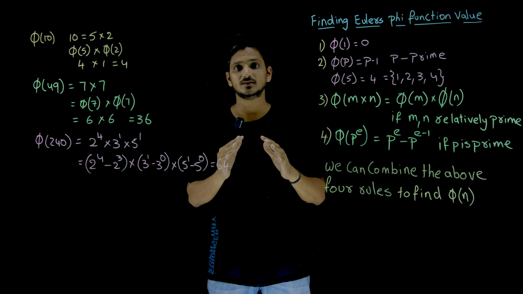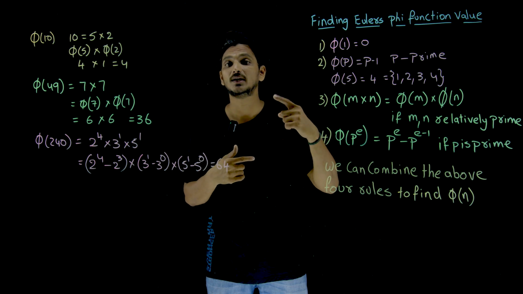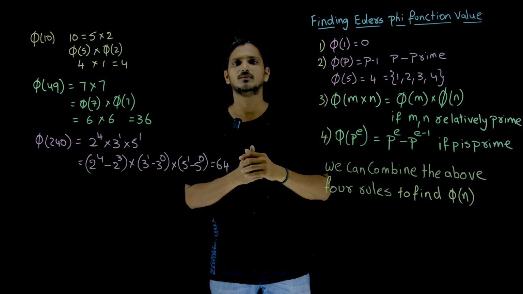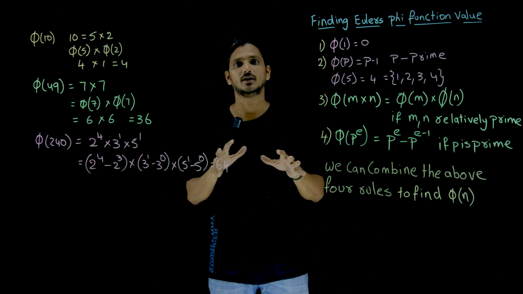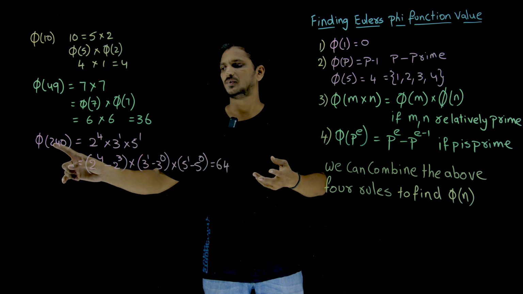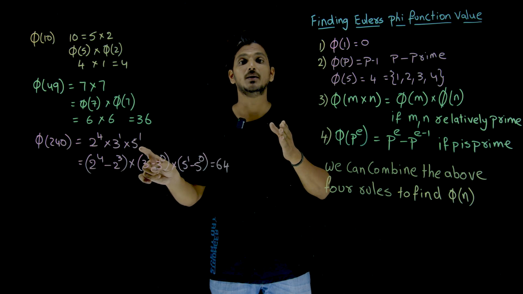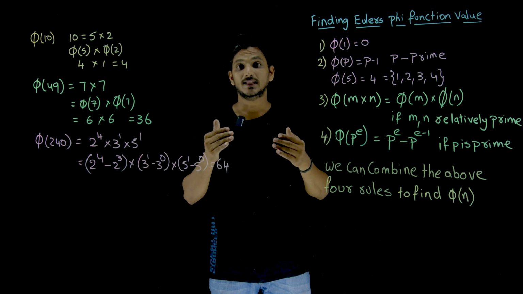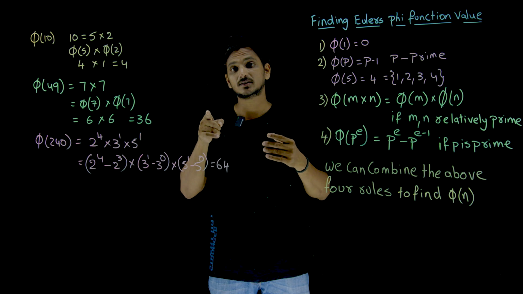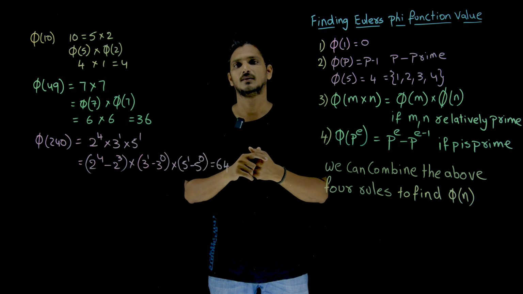But we are not going to use this. Can we write a polynomial time algorithm for finding the Euler's phi function value? No, we cannot write. Why? Because any number can be written in the form of factors of prime numbers. These basics we discussed in our previous class, and we clearly discussed the mathematical proofs in the discrete mathematics playlist.